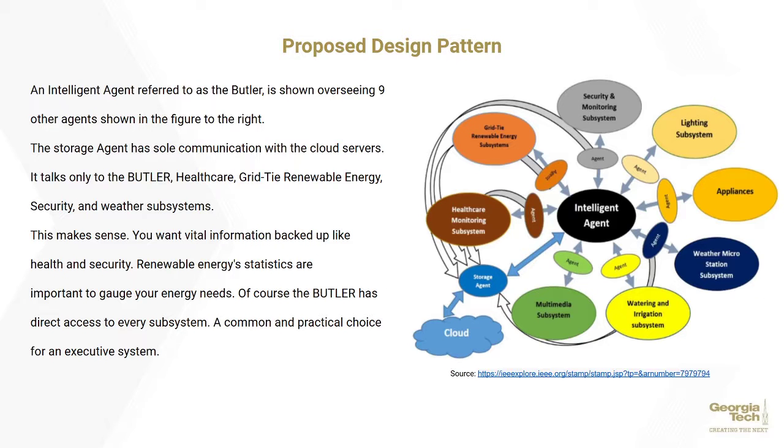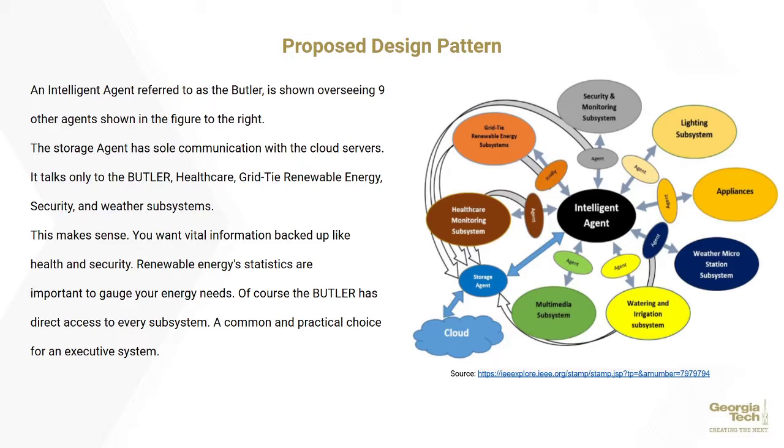Here is the proposed design pattern, a very high-level view of it. An intelligent agent referred to as the butler is shown overseeing 9 other agents shown in the figure to the right. The storage agent has sole communication with the cloud servers, which we'll get into a little more in following slides.